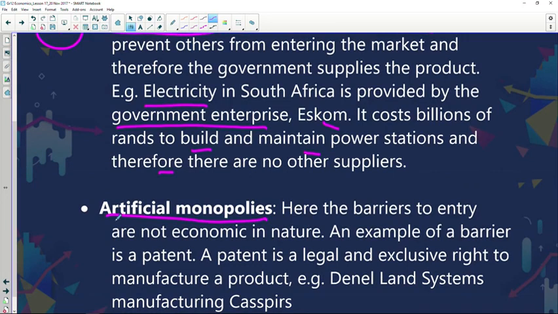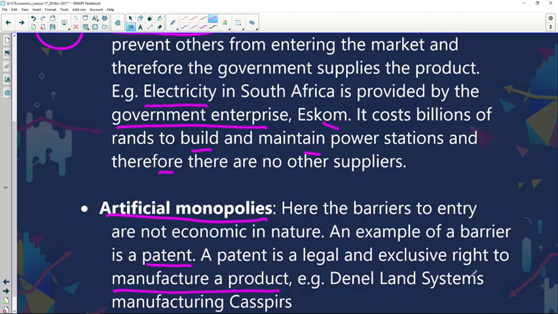Here the barriers to entry are not economic in nature. An example of a barrier is a patent, which is a legal document or legal rights over an invention or a product. So a patent is a legal and exclusive right to manufacture a product.